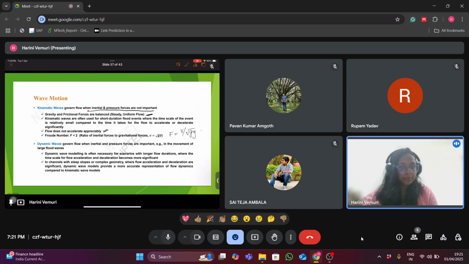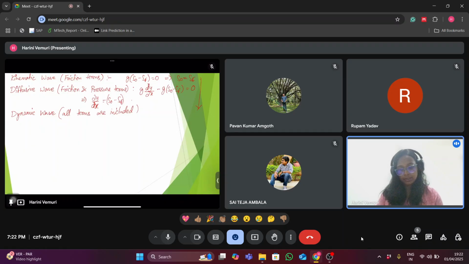This is used generally for movement of large flood waves and for longer duration. Acceleration and deceleration become more significant. It can be used with steep slopes or complex geometry where flow acceleration and deceleration are significant. Dynamic models provide a more accurate representation of flow dynamics compared to kinematic wave models, as I have discussed before.